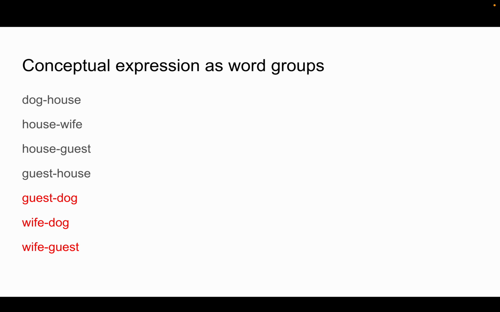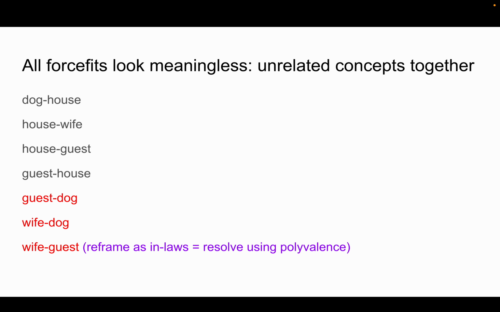But some other mappings, like guest dog, wife guest, won't make sense because those combinations do not exist in your language. One way to deal with that, as we saw earlier, is polyvalence, where you say that if the symbols wife and guest are together, then it means in-laws, something like that. You just change the meaning entirely, and you can do this for many permutations of the words that are inconvenient.